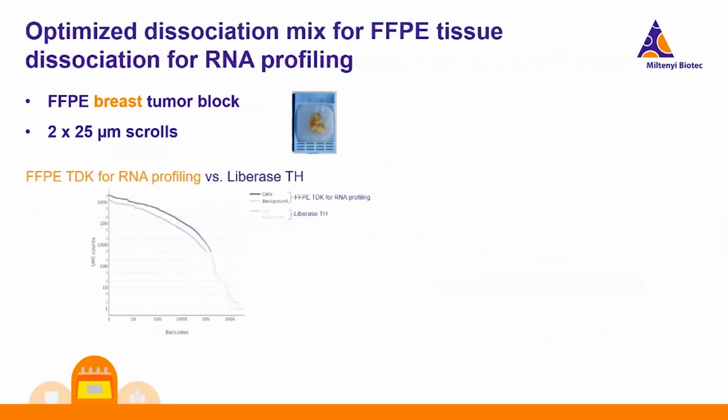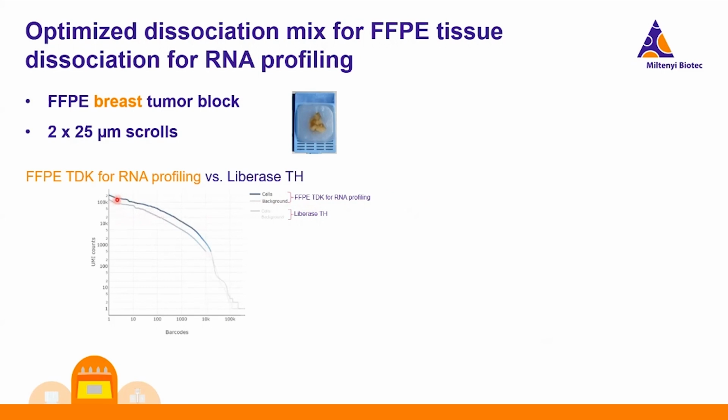So we took FFPE breast tumor blocks. We cut 2 × 25 micrometer scrolls, and now you can see the barcode rank plot. You have the barcode rank plot which is slightly lighter, which is coming from the Liberase TH-based dissociation, and then the bold line, which is coming from the dissociation which was performed with our new FFPE tissue dissociation kit for RNA profiling.